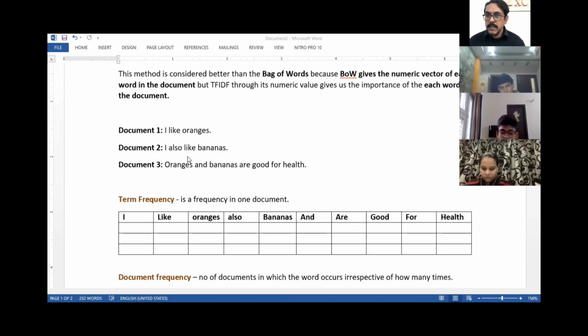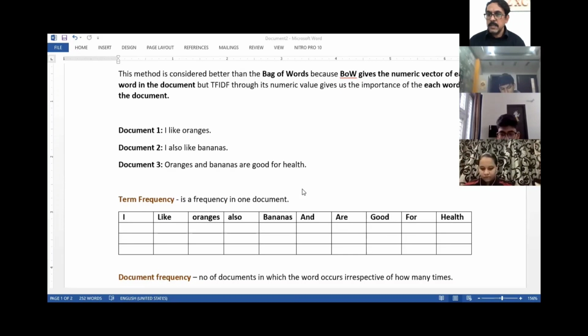"Like" is already there, so I am not writing "like." I picked "bananas" from here and kept it over here. In the third document, "oranges" is already there and "bananas" is already there. What is missing? "And." So I picked this and kept it over here. "Are" is also not there, so I kept "are" too. In the same way, "good," "for," and "health." So first of all, you have to make this table.